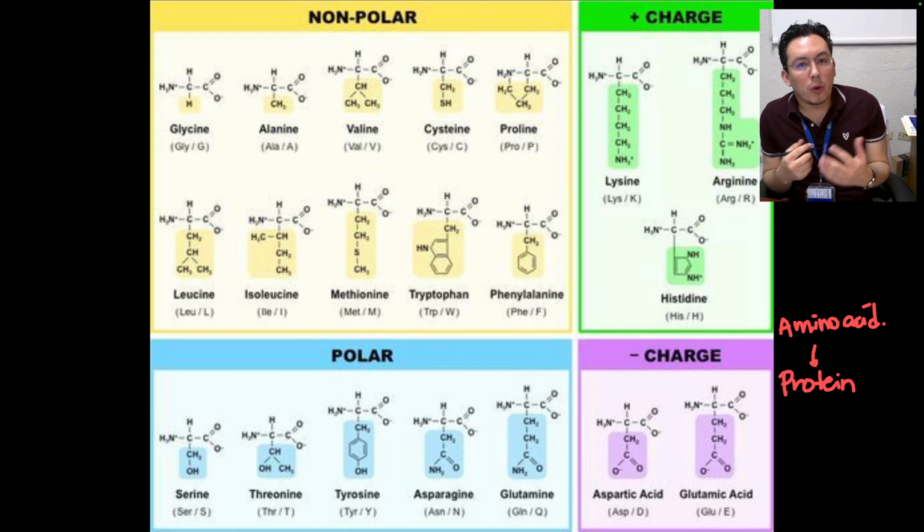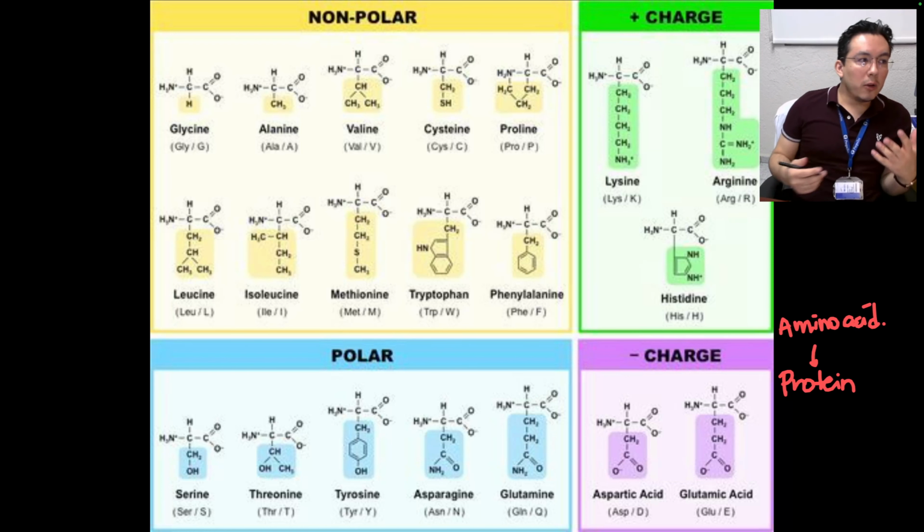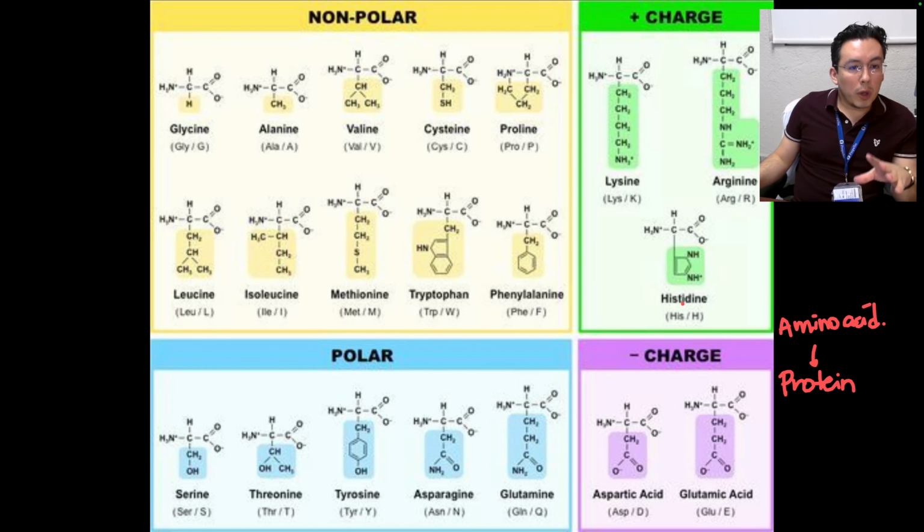Now, for our course, it's not required for you to memorize the amino acid names or the categories of the amino acids, as long as you understand that there's 20 different amino acids, right?